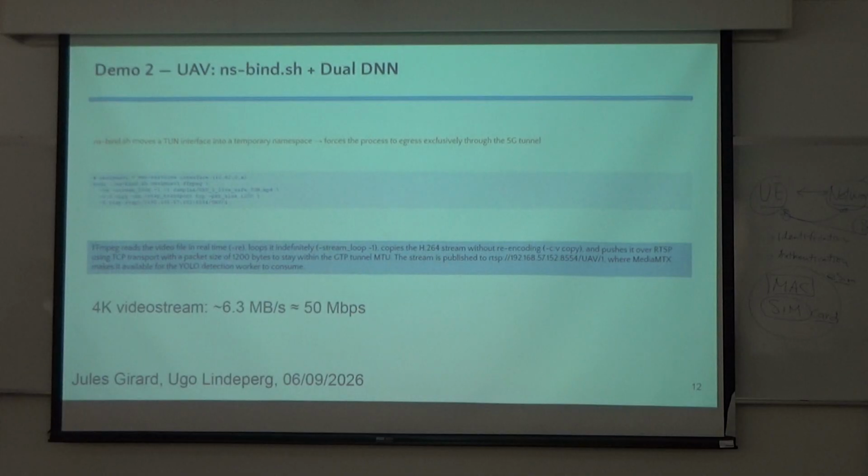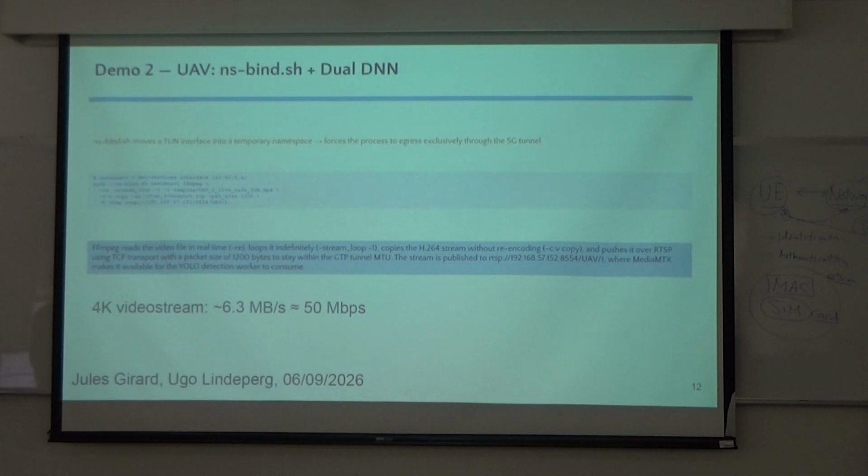To use FFmpeg to stream or simulate a camera, we need to use another trick with Linux namespaces, because if you use FFmpeg only, without a Linux namespace, the traffic goes through the default gateway and doesn't take the tunnel from your SIM.